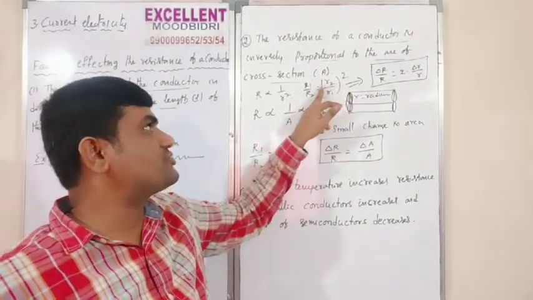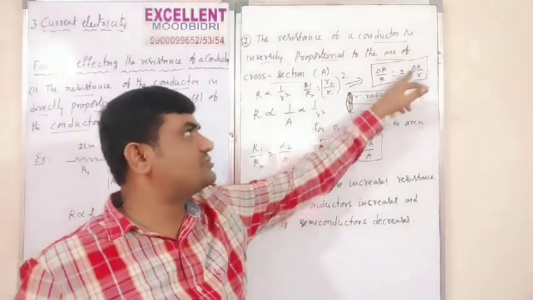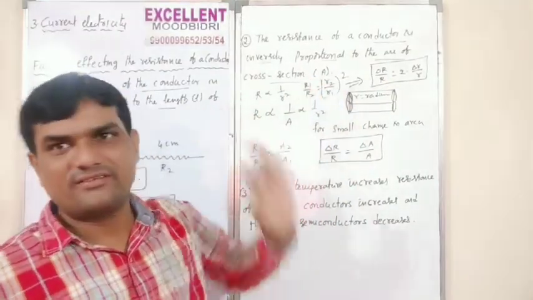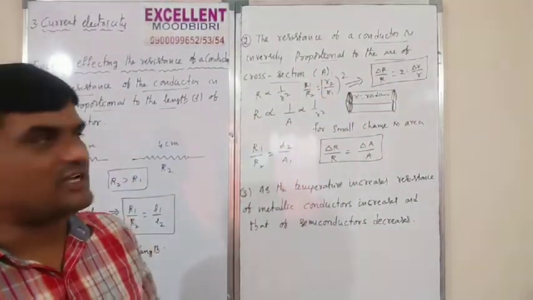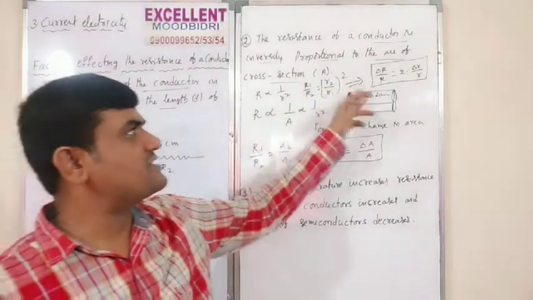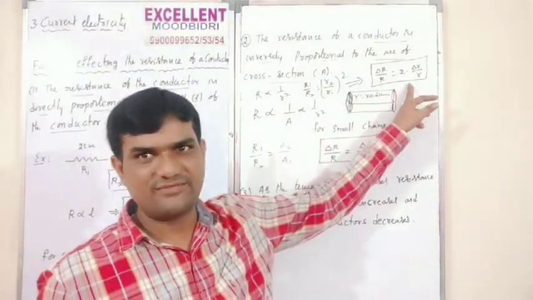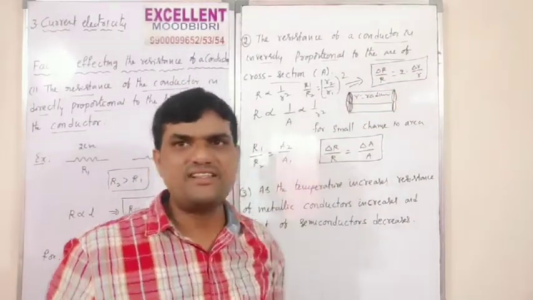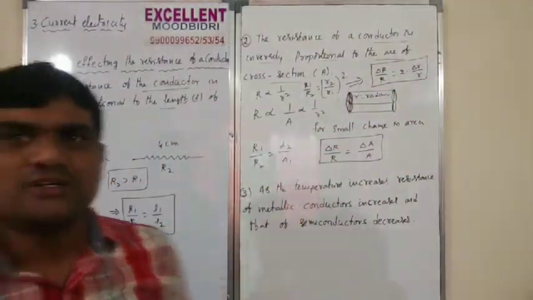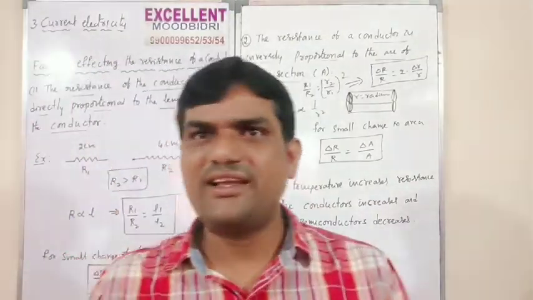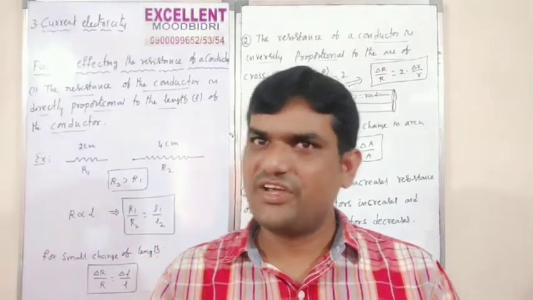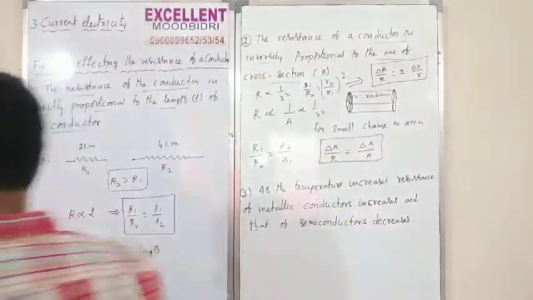So this becomes twice multiplication, right? 2 into delta r by r. For any power, you know already, in units and dimensions I have given this. So if power is there, we have to write in the formula like that itself. Delta R by R is equal to 2 into delta r by r. This is the second factor. What is the second factor? The resistance of a conductor is inversely proportional to the area of cross section. Right. Now third factor.